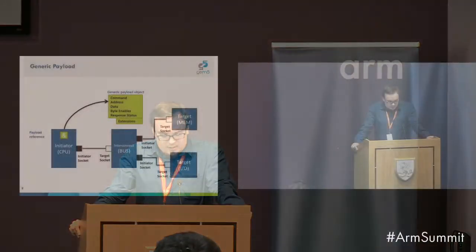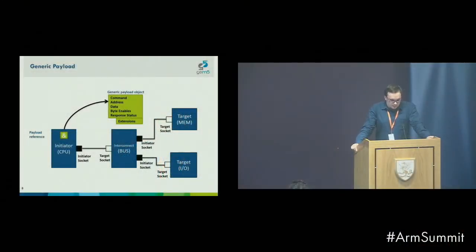This is basically a pointer to a payload object that has information like command, address, data, and so on and so forth. With function calls, you transfer this pointer to the target, then you do something there, and you transmit the thing back. So that's basically TLM. And you can already see that this is very similar to Gem5 behavior, and we will explain that later.